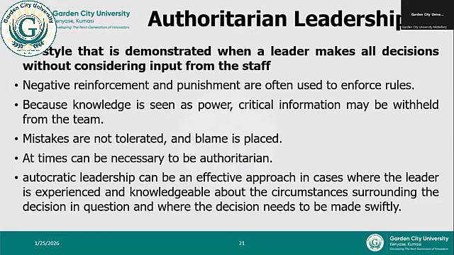Now let's look at the authoritative or the authoritarian leadership style.